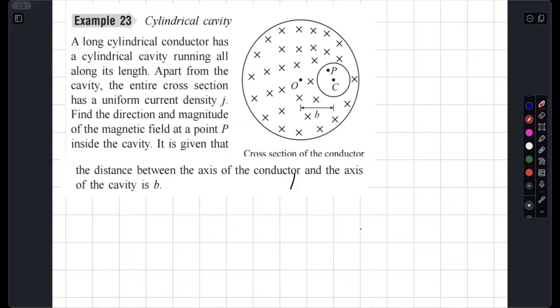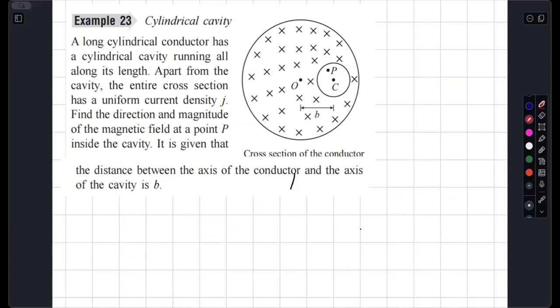Apart from the cavity, the entire cross section has uniform current density J. Find the direction and magnitude of the magnetic field at a point P inside the cavity. It is given that the distance between the axis of the conductor and the axis of the cavity is B.